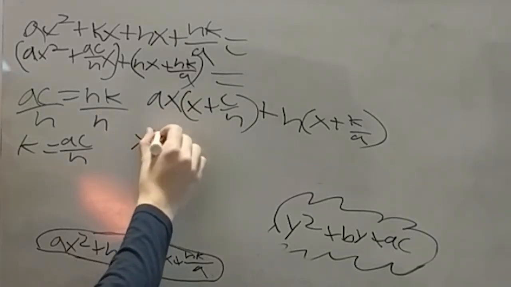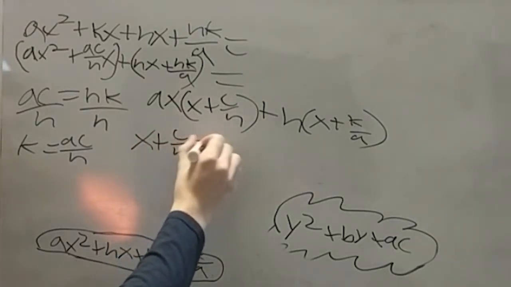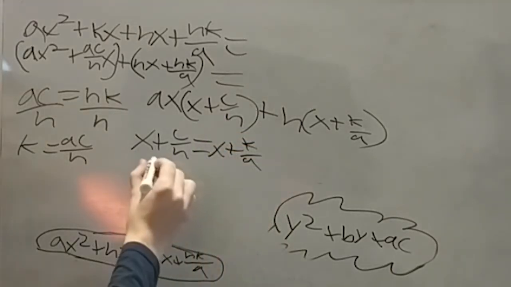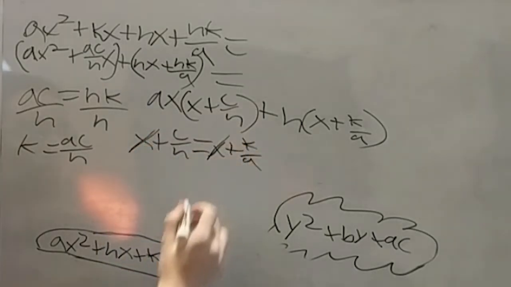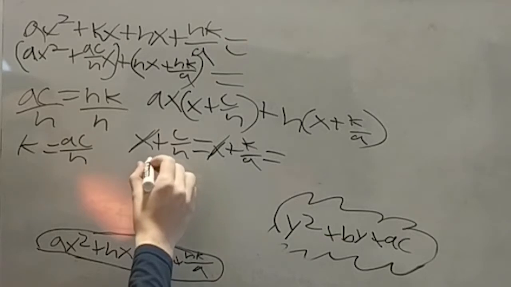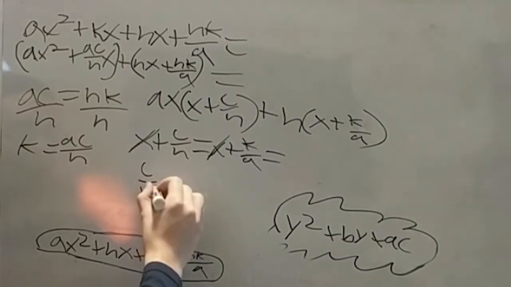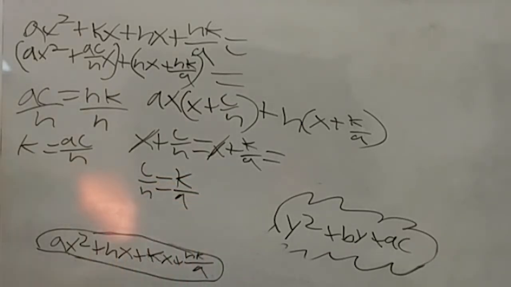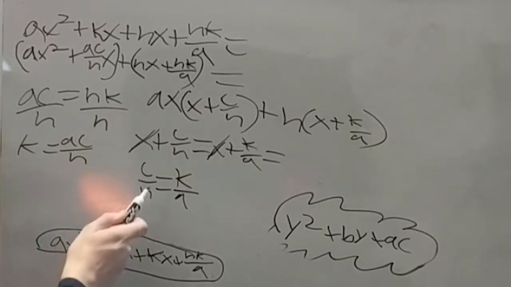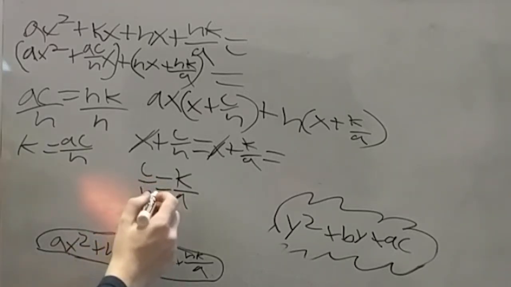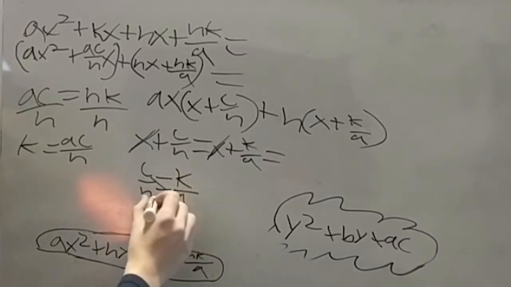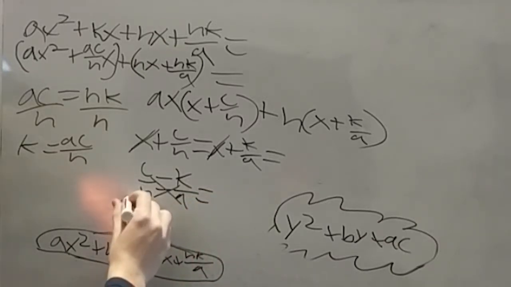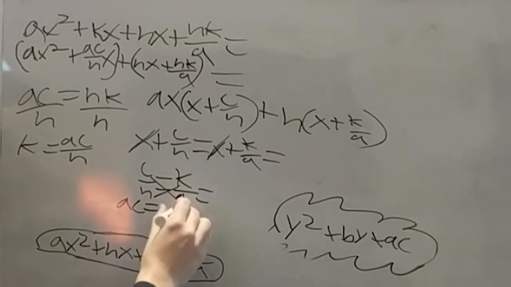All we have to do is show x plus c over h equals x plus k over a. We're going to subtract off this x, which leaves us with c over h equals k over a. Now, while it's not immediately obvious, we can just cross multiply this and this, which will give us AC equals HK.